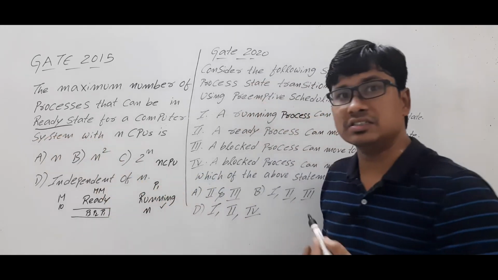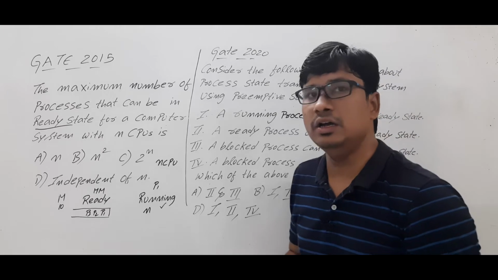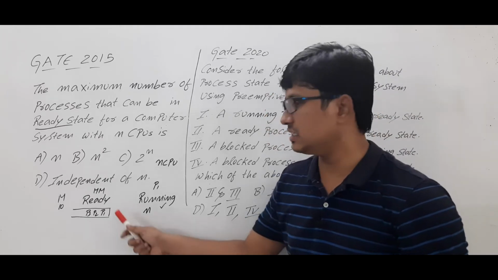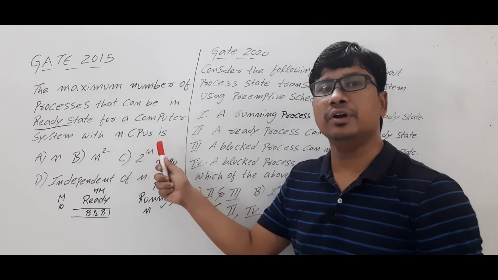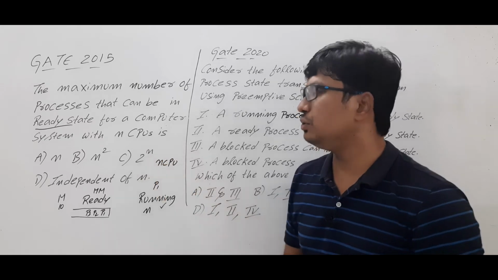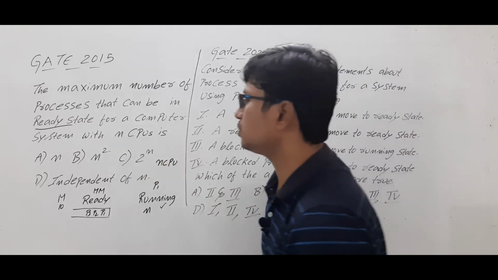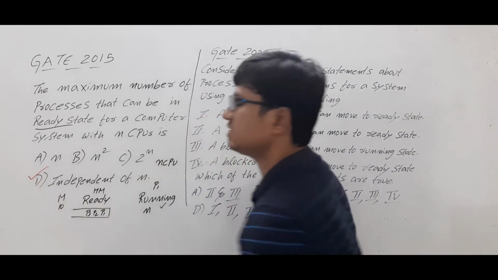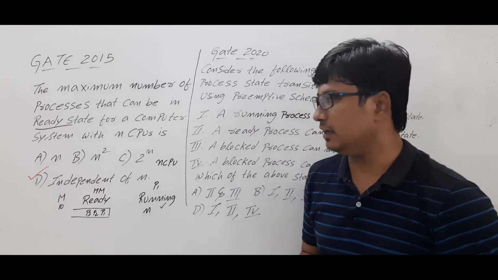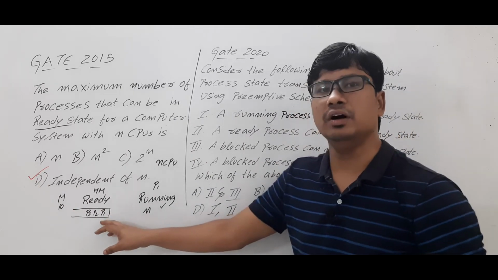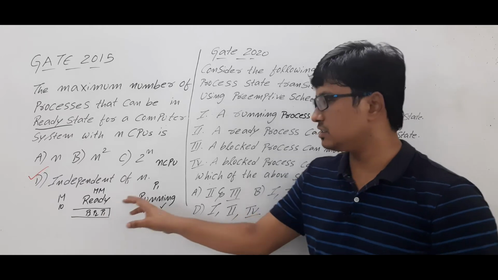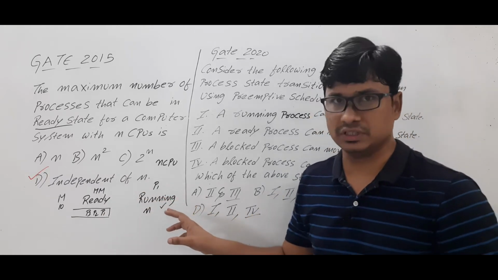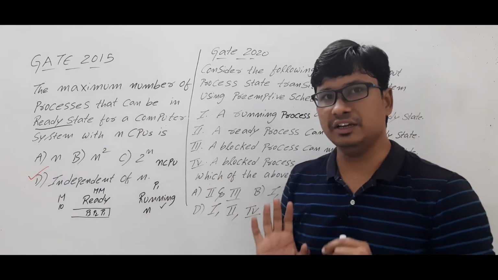No, we cannot say, because it depends on the queue size. It does not depend on the number of CPUs. So the right answer for this question is option D, which is independent of n. It always depends on the ready queue size. It does not depend on the number of processors. I hope it is very clear for you.